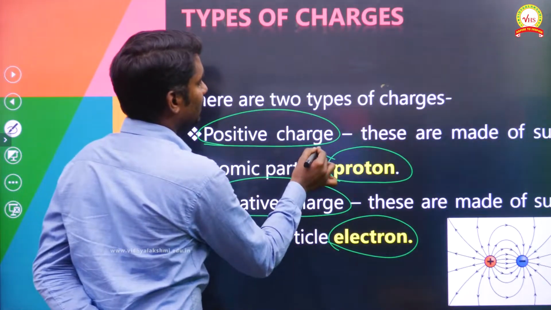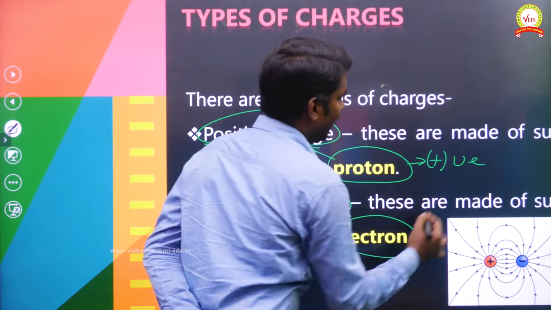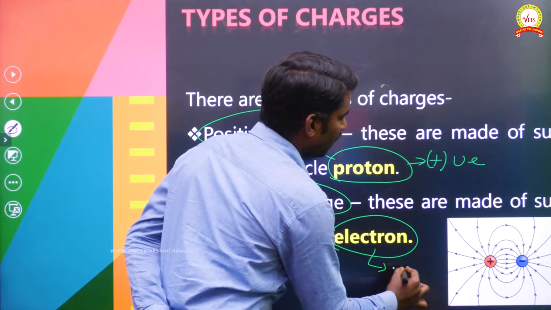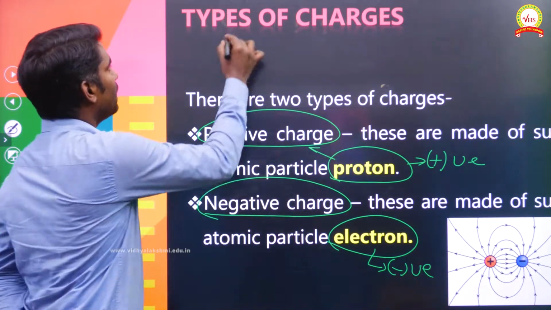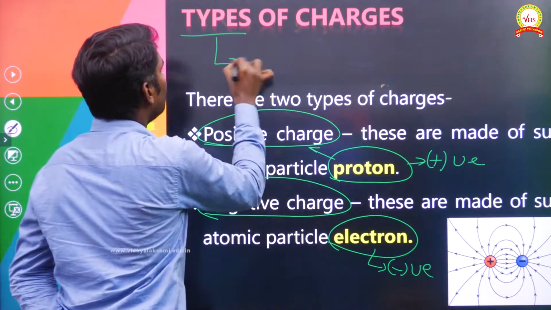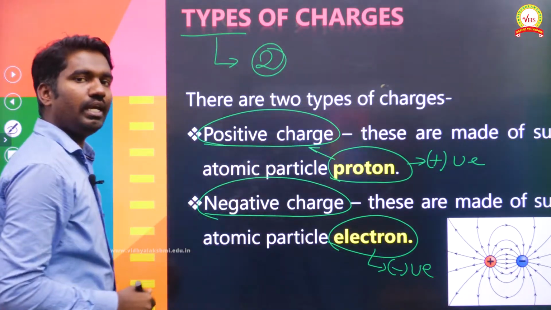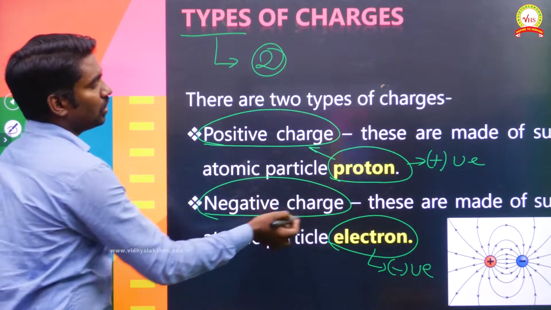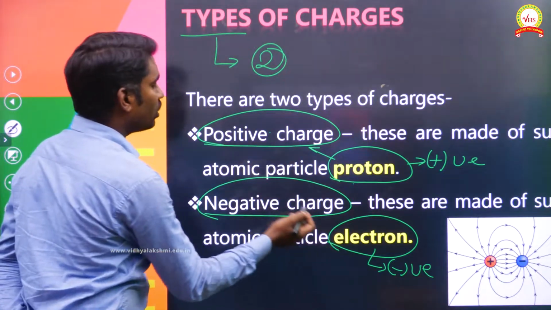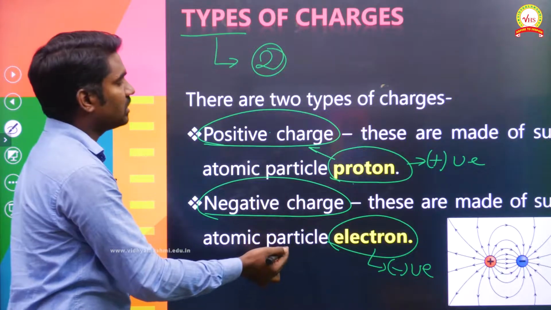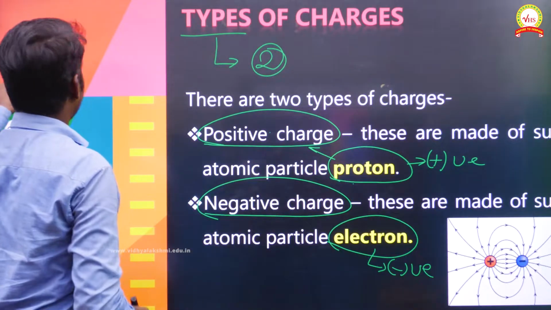A proton is a positively charged particle, and an electron is a negatively charged particle. Clear? So how many types of charges are there? We have two types of charges, one positive and one negative. The protons are the positive charge and the electrons are the negative charge, and these two are subatomic particles.